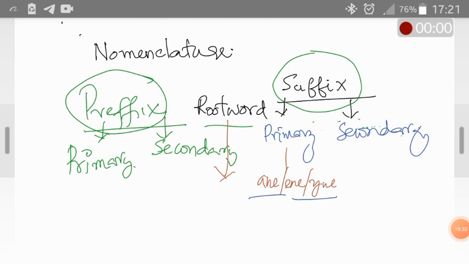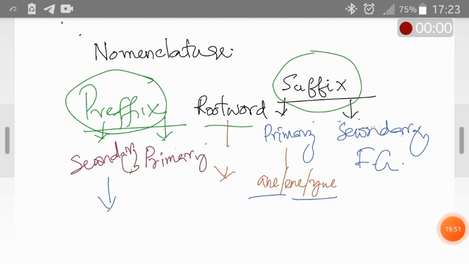The primary suffix will tell you whether the given compound is saturated or unsaturated, like ane, ene, yne, and the secondary suffix will tell you the functional group, the active part of this compound. And for the prefix, there are two prefixes, one primary and the other secondary.